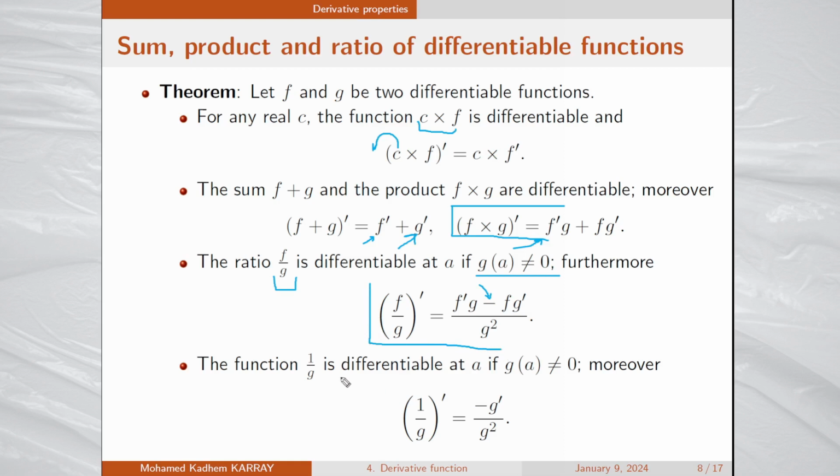A particular case when f equals 1 gives the following result. 1 over g is differentiable at a if g of a is not 0. Moreover, (1/g)' equals minus g' divided by g squared. These three formulae are very useful in practice, so please keep them in mind.